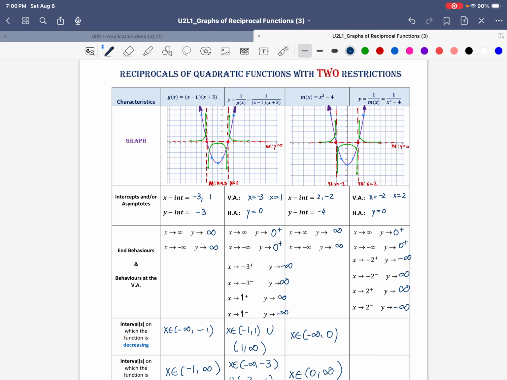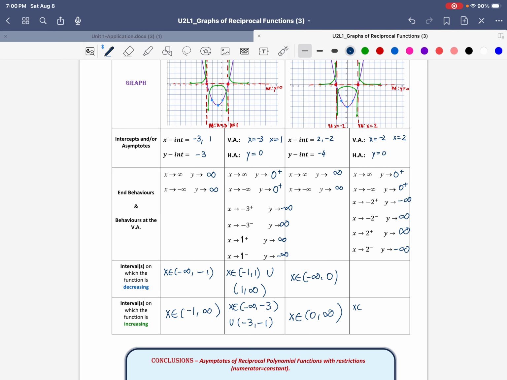So we're going to say that it's increasing for x values from negative infinity to negative 2, joined by negative 2 to 0. So as you can see, again, the decreasing interval of the parabola became an increasing interval for the reciprocal, with one exception, the vertical asymptote. And the graph will be decreasing for x values from 0 to positive 2, joined by 2 to infinity.